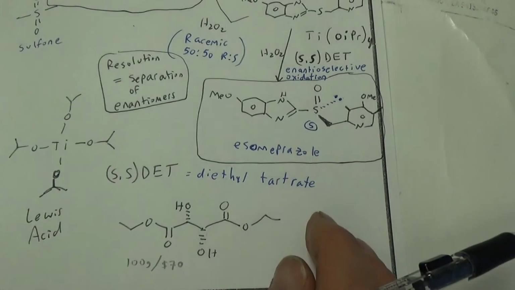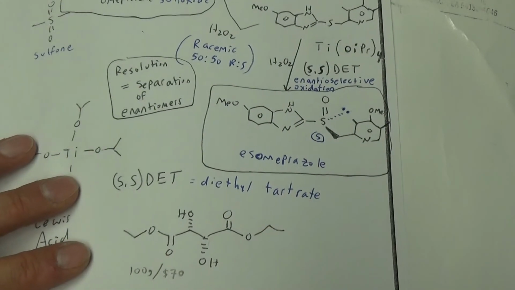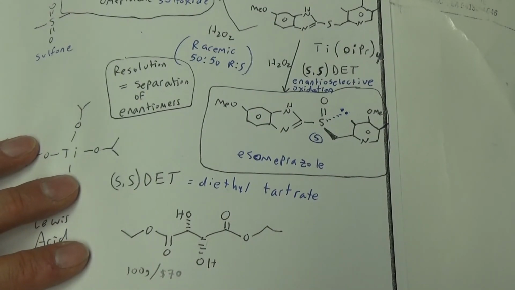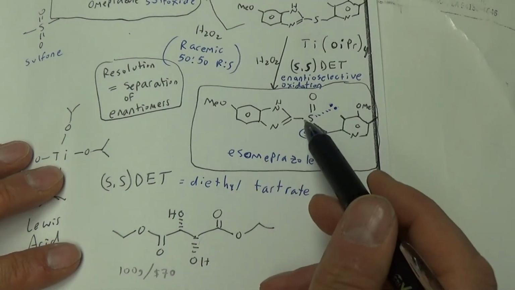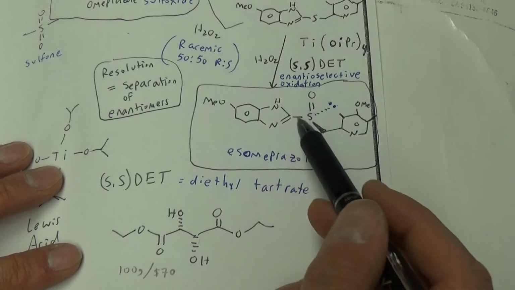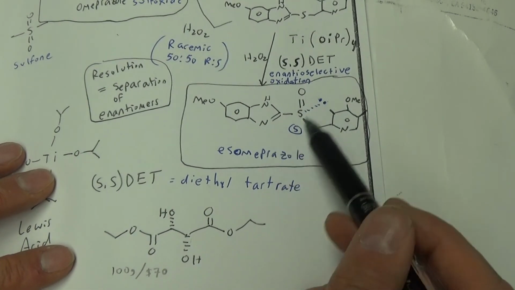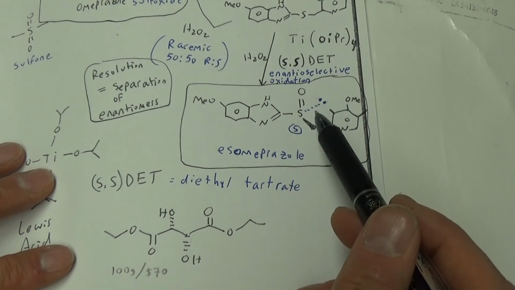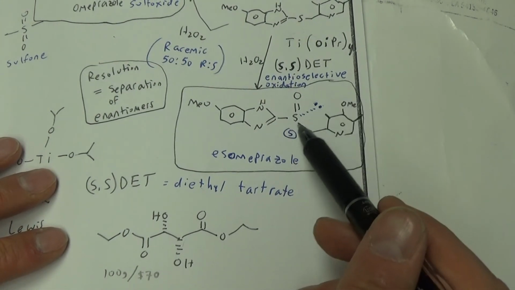Okay, the last thing I'll say here, just thinking as an organic chemist, and you may do reactions like this at some point. They're making the S sulfoxide, right? What's the opposite of S? R, right?